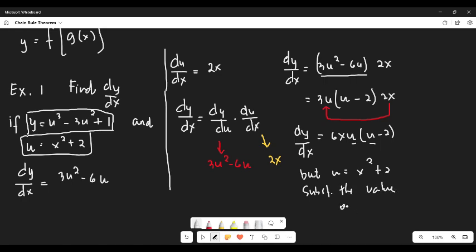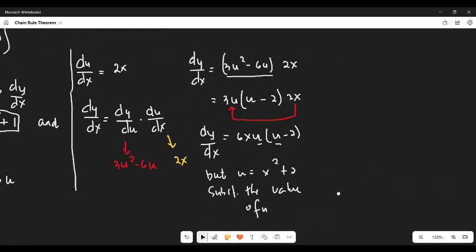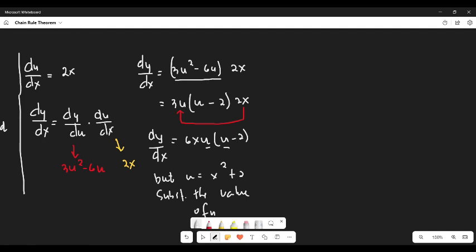So now we have the derivative of y with respect to x equal to 6x times (x squared plus 2) minus 2 inside the parentheses.